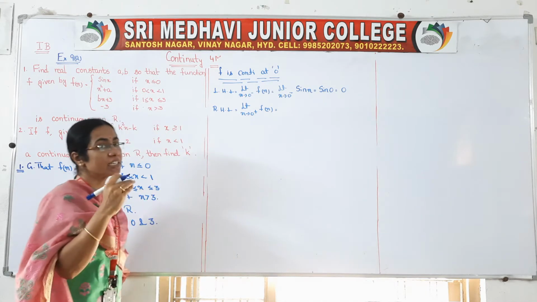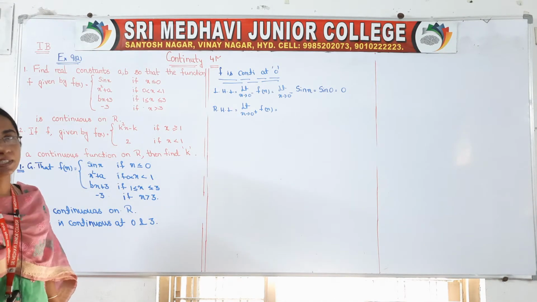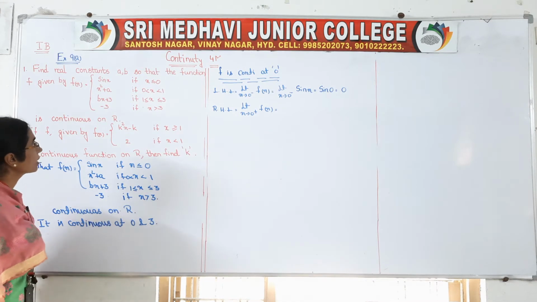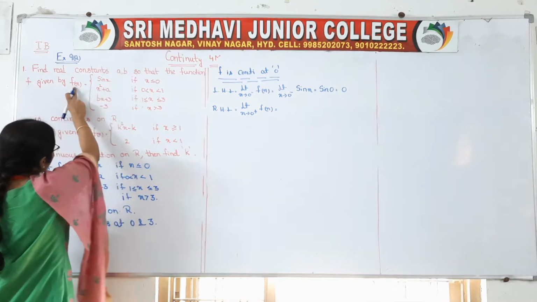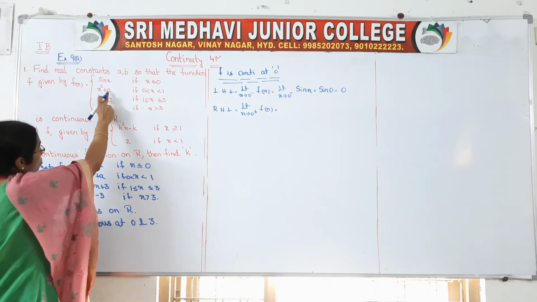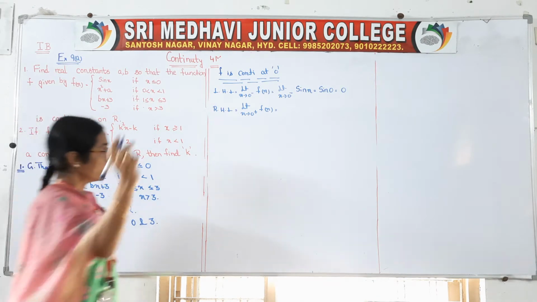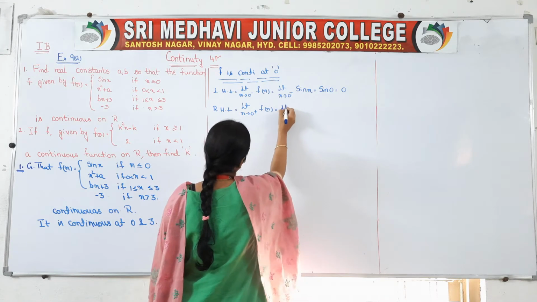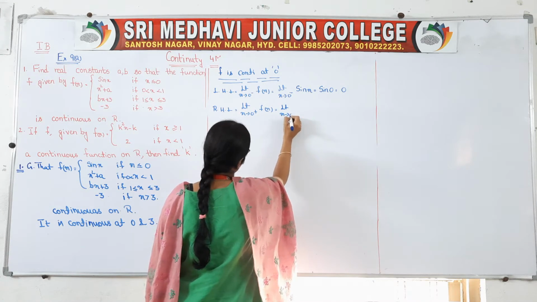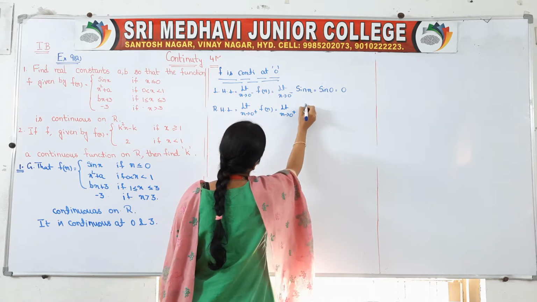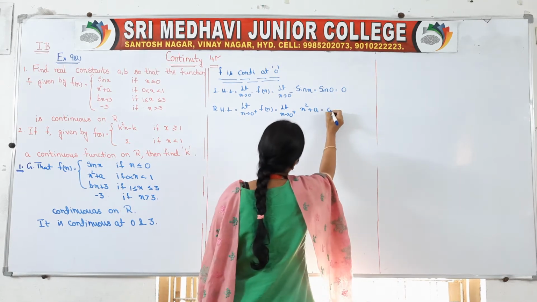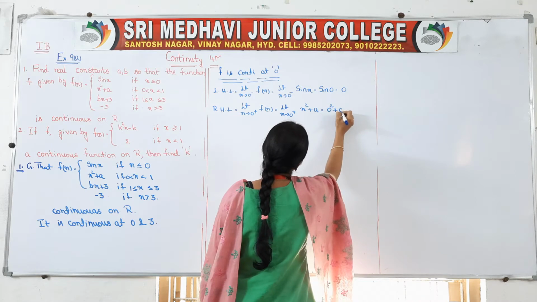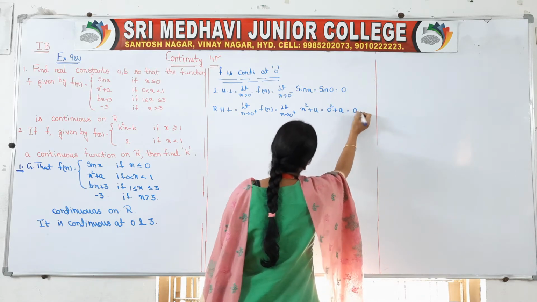Whenever it is right hand limit, it will be 0 plus. So see the equation, x value is greater than 0, the function is defined as x square plus a. So it is limit x tends to 0 plus of x square plus a. Okay, so it is 0 square plus a, which is equal to a.